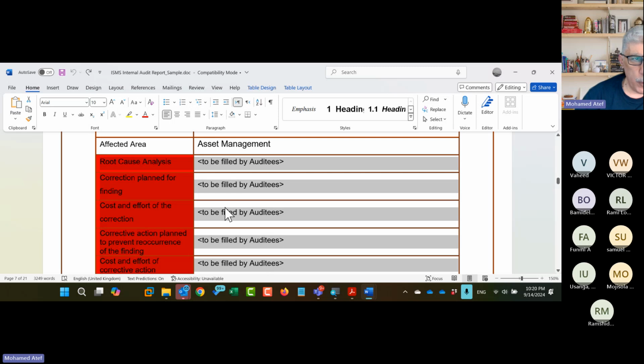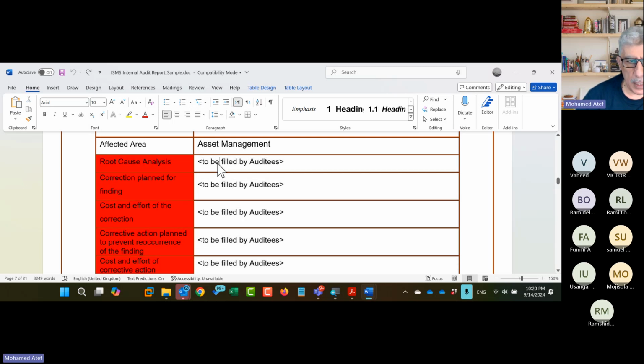Okay. First of all, it's not enough to tell me that we will solve the problem. This will not fix it. They have to write in the report, because once you create the report, you will hand it to the auditee, the people who have been audited. It could be a department or a company.